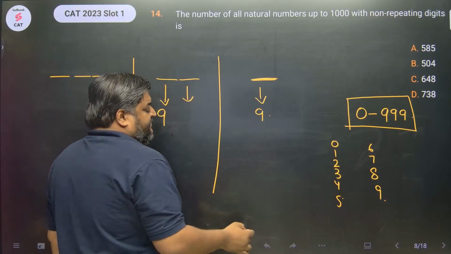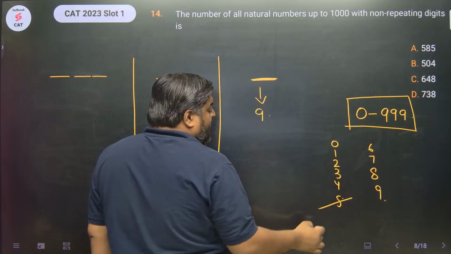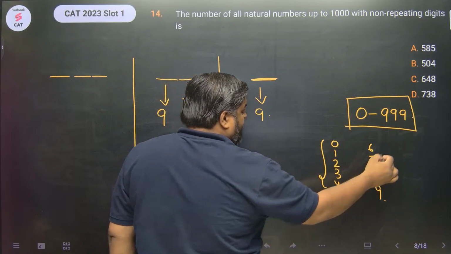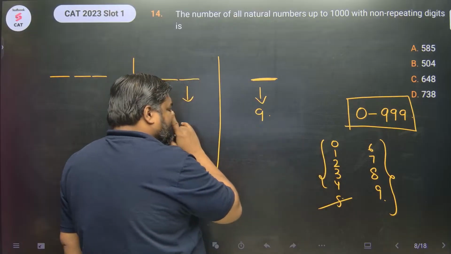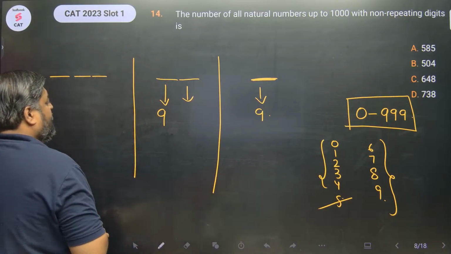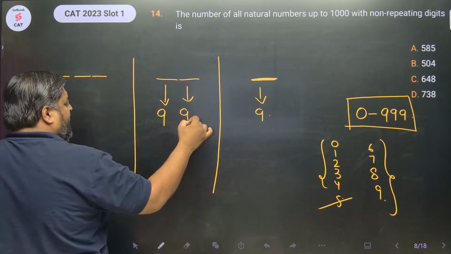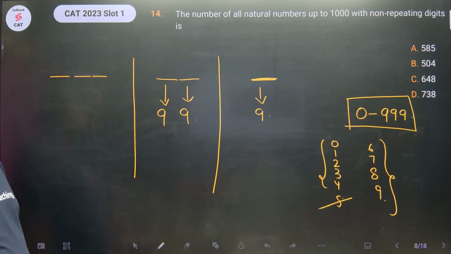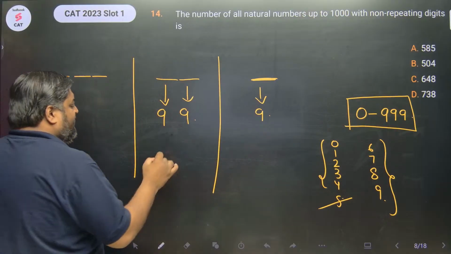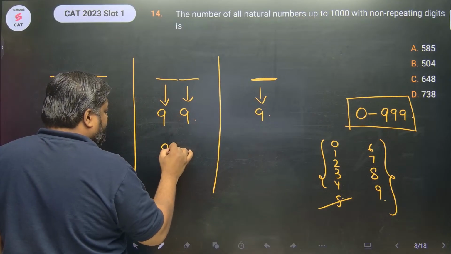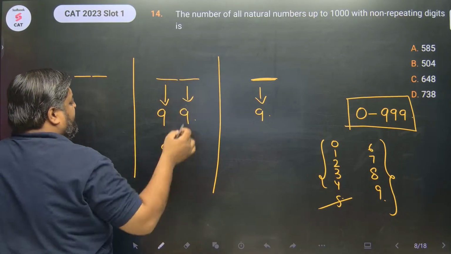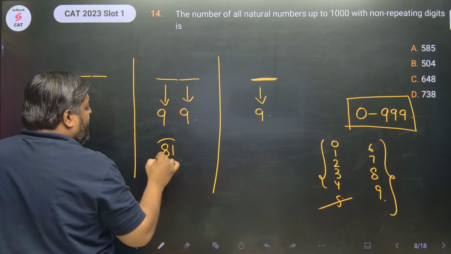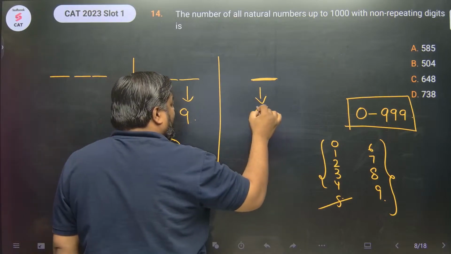Let's say आपने 5 ले लिया. अब second place के लिए all of these options are open. Again you have 9 options, right? Now 0 can be placed at the second position. So second position के लिए also you have 9 options. So in all there are 9 into 9, 81 options, 81 2-digit numbers wherein you don't have any repetition. Okay, 81 2-digit numbers and 9 1-digit numbers.